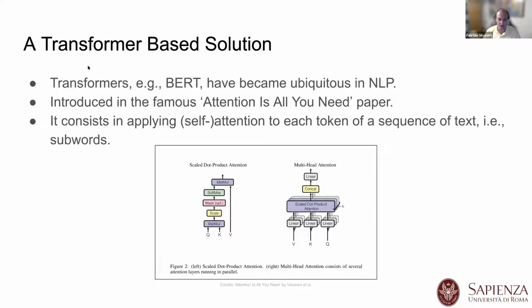Again, I will not go into the details, but the main idea of this kind of language model is that you enter a sentence or a sequence of tokens, and the model computes the importance of each token with respect to the others. This importance, which is captured by the concept of attention in neural networks, constitutes the representation of those words.